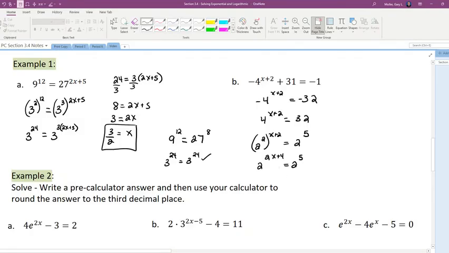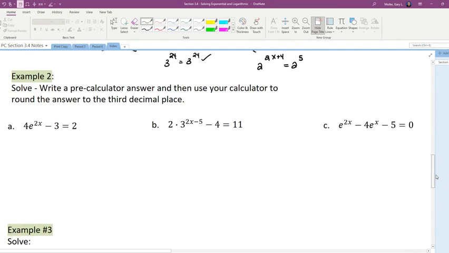And the only way that's possible is if 2x plus 4 equals 5. Subtract 4 and divide, I get 1/2. So x equals 1/2. And we're going to go ahead and just move on, because this video is going to be pretty long as it is. All right, let's try a couple more.